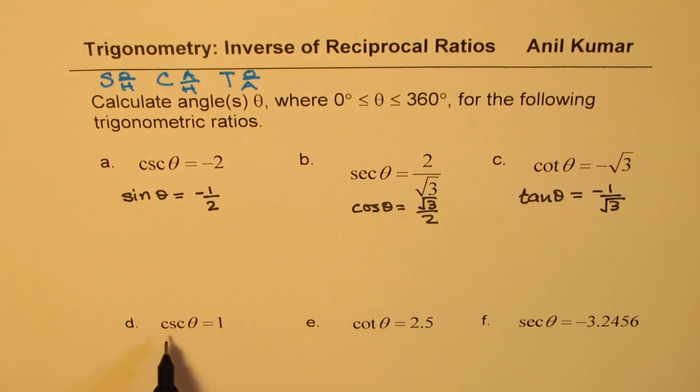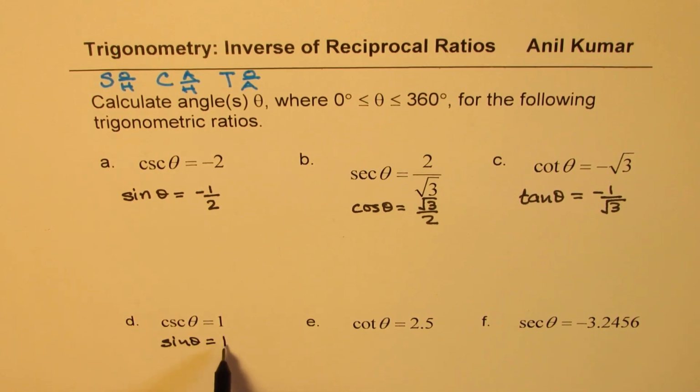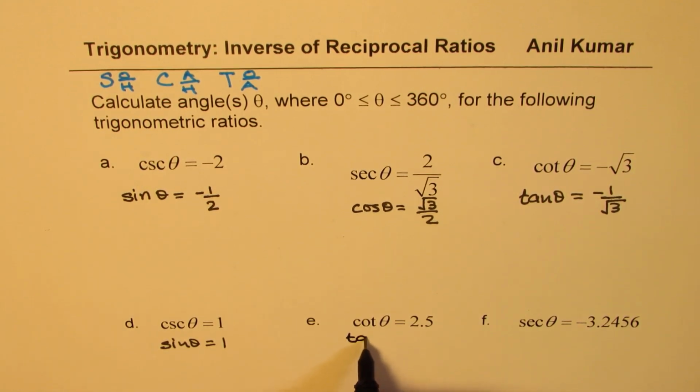And here, cosecant theta is the reciprocal of sine theta, so we'll write this as sine theta is equal to 1. Cotangent theta is the reciprocal of tan theta, so we're going to write this as tan theta equals 1 over 2.5.